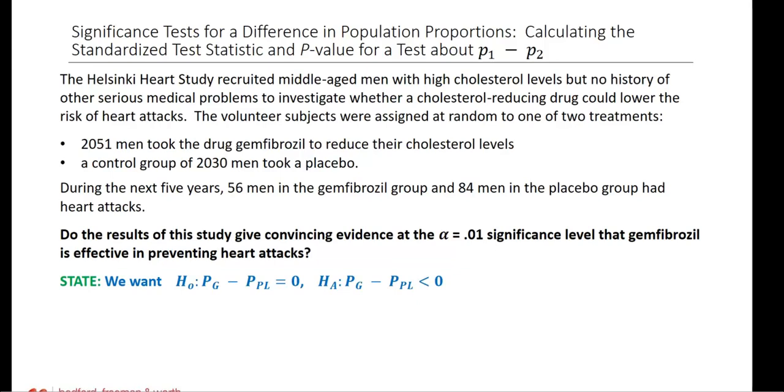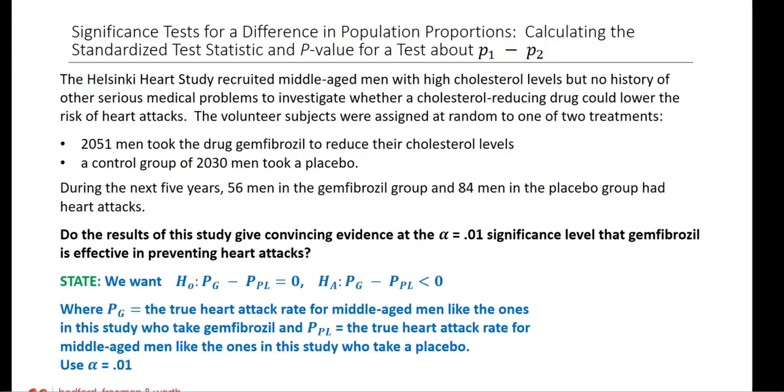Don't forget to define the parameters here. Not P hat, but these are P's. So P sub G is the proportion of middle-aged men with high cholesterol who took the gemfibrozil drug and measured the heart attack rate.